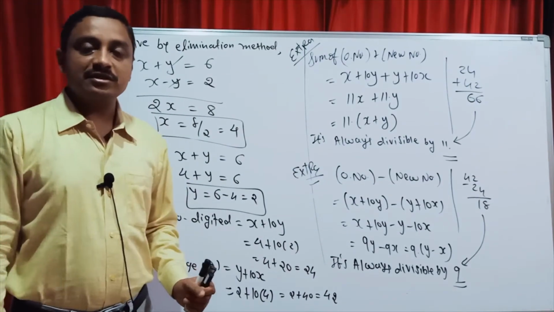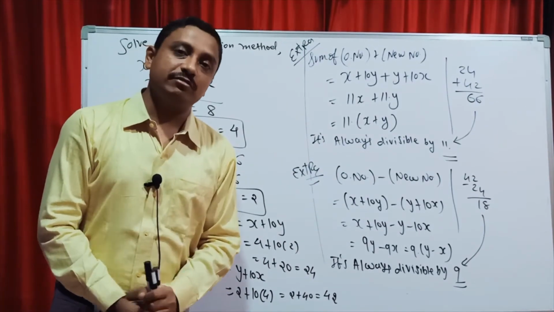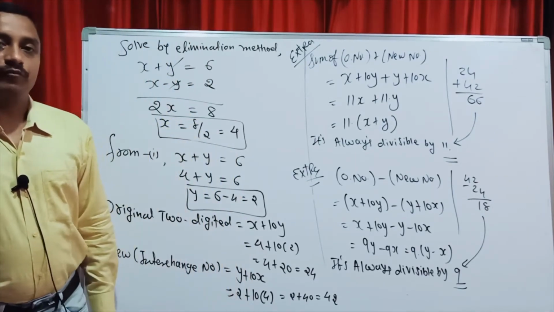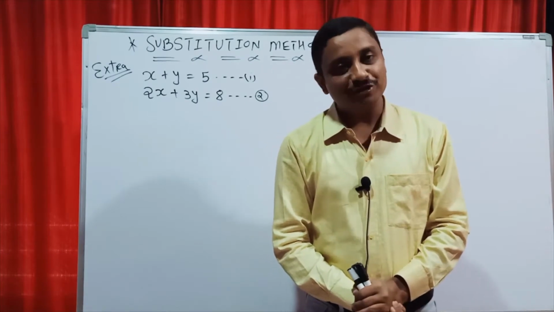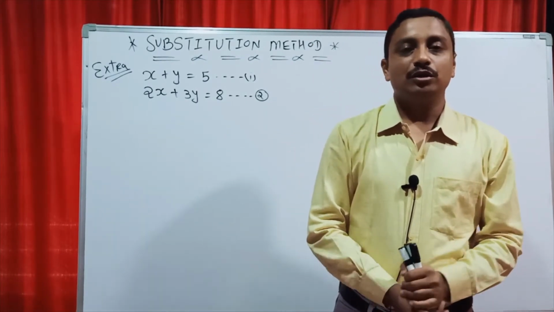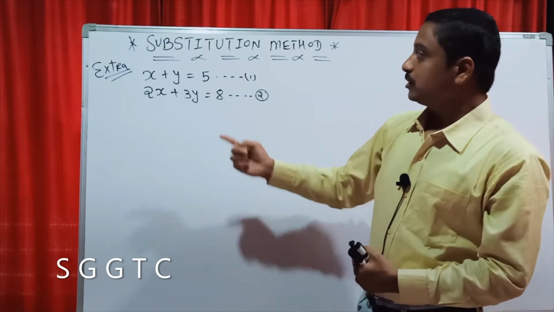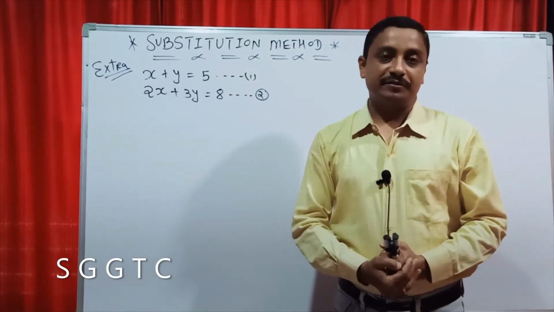After that, students, I go to the next one, elimination method related sums. Now students, after ending our elimination method, I go to the next method. It is called the substitution method.